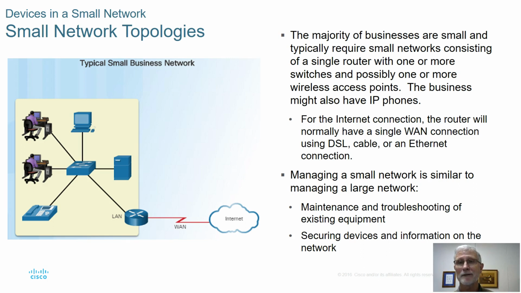I got one router, maybe one or more switches, that I may have IP phones, I may have different computers, desktops, laptops, and basically what I need to do is have a router that has access to a wide area network connection, whether it's DSL, cable, Ethernet, out to the internet.